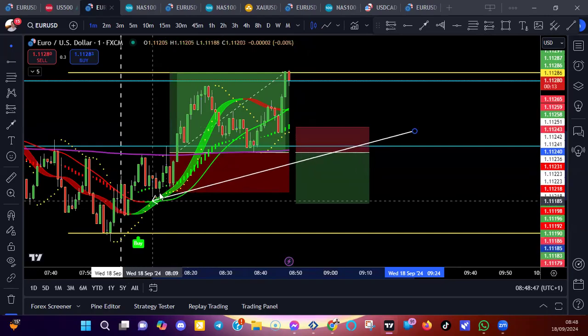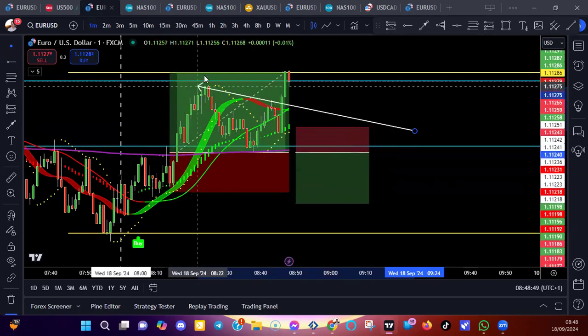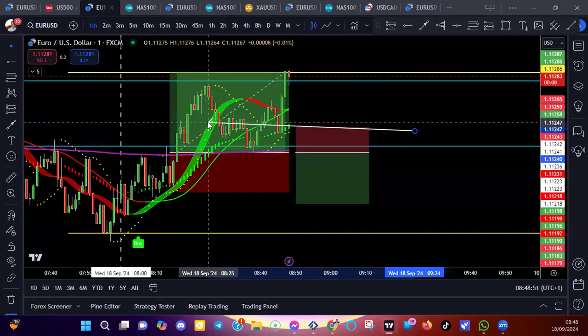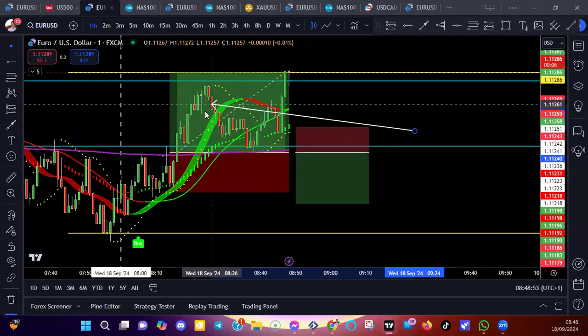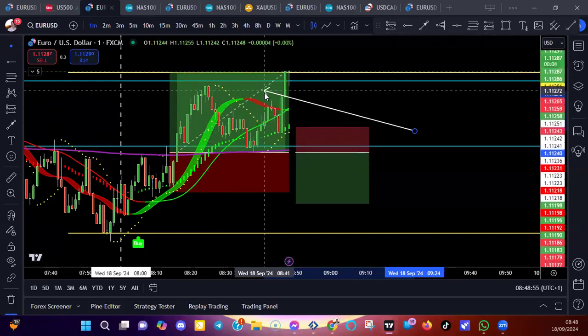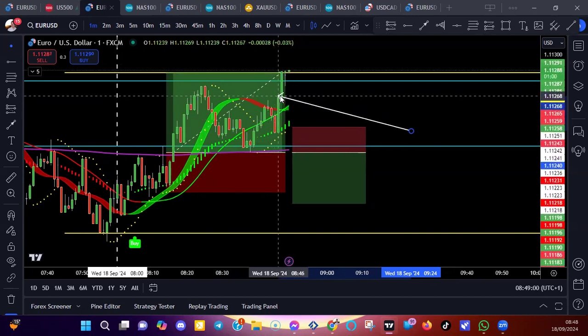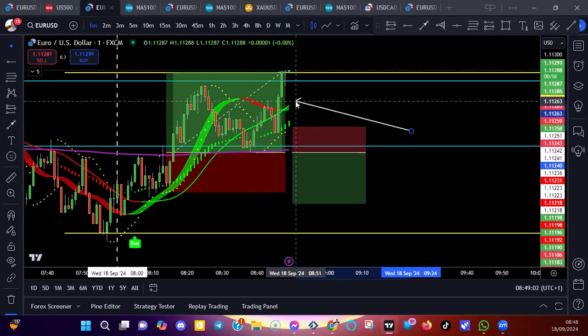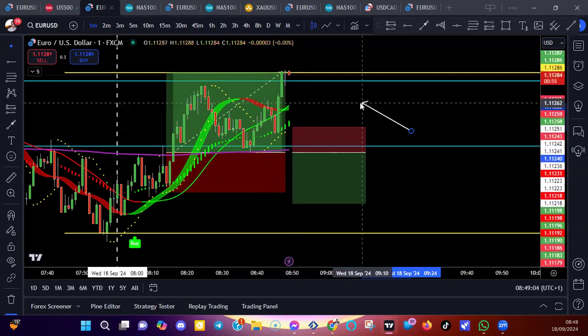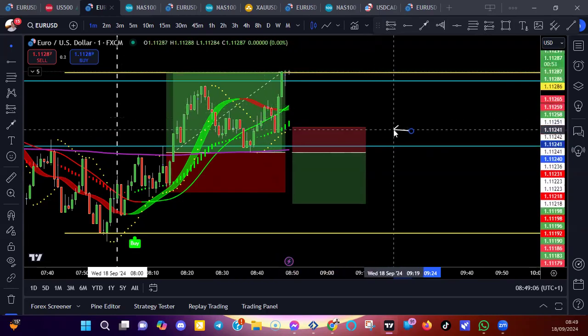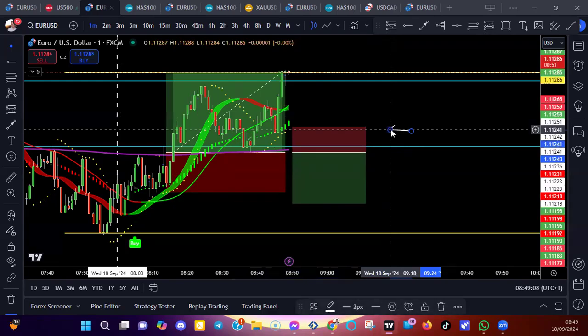Because of the directional bias between 8 and 9, which more often than not happens at this time of the day. And now, so what sort of trader are you? Everybody's different.